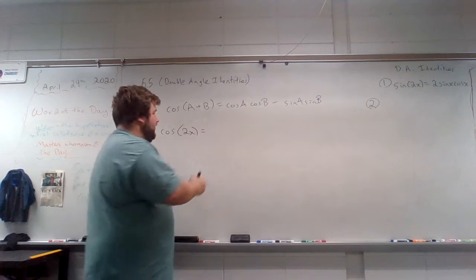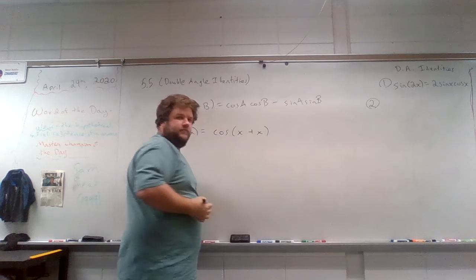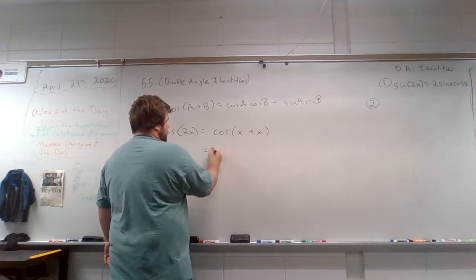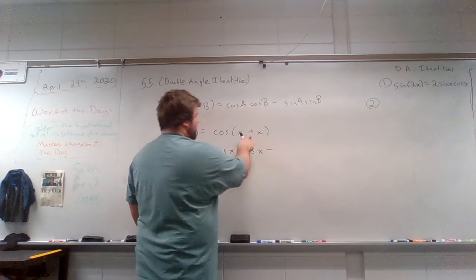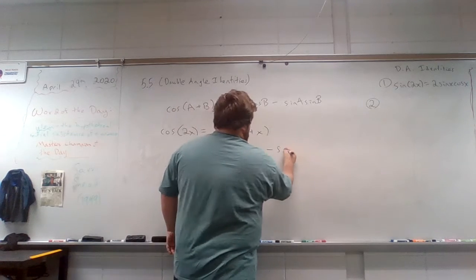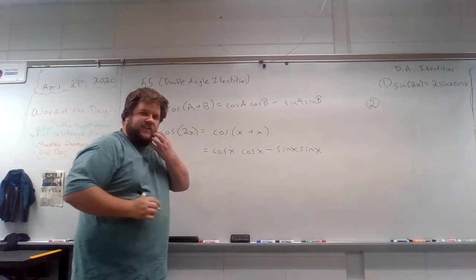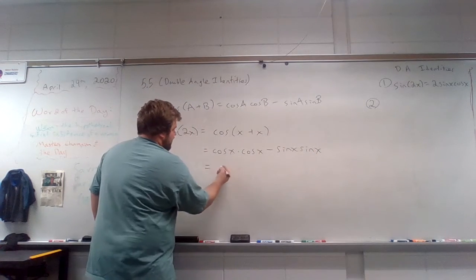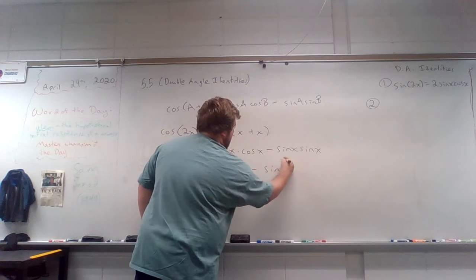We wrote that out as cosine of x plus x. And then we did cosine x times cosine x minus sine x sine x. And we saw that there was an identity for cosine of 2x. So this is cosine squared x minus sine squared x.